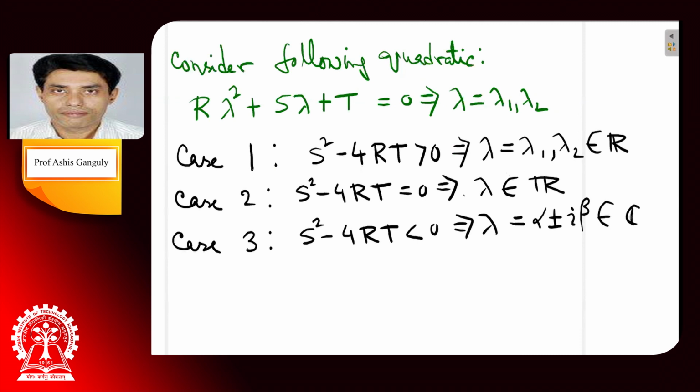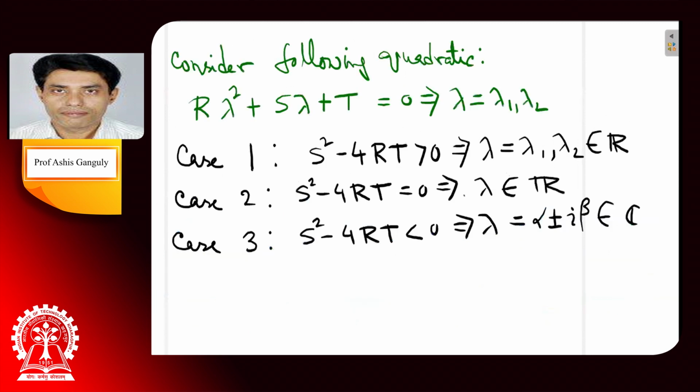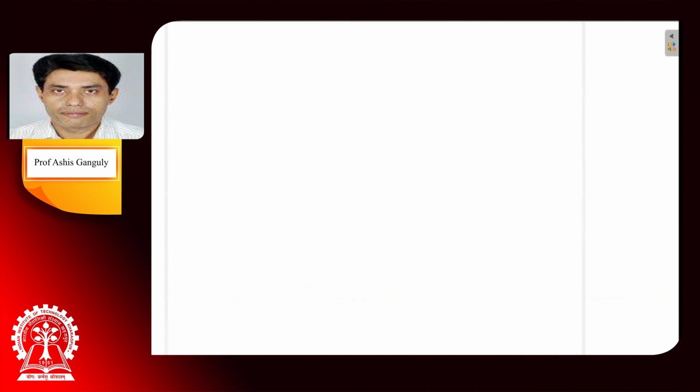So accordingly, you will have three classifications. Why? Go back to the previous page again and see that the argument of a here is not xi x, xi y, but eta x, eta y. So corresponding to the roots of this quadratic, we can choose our transformations. Let me discuss it elaborately case by case.